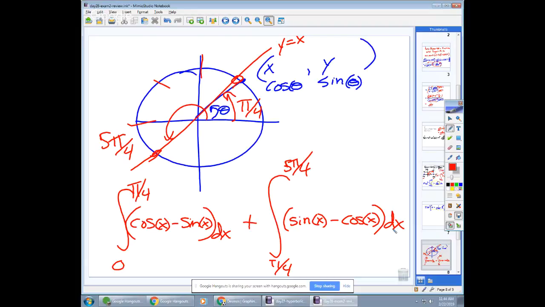Okay. And so I'm just going to add another side sketch to this. Here is my cosine function. Here is my sine function. And they meet at pi over 4, and again here at 5 pi over 4.